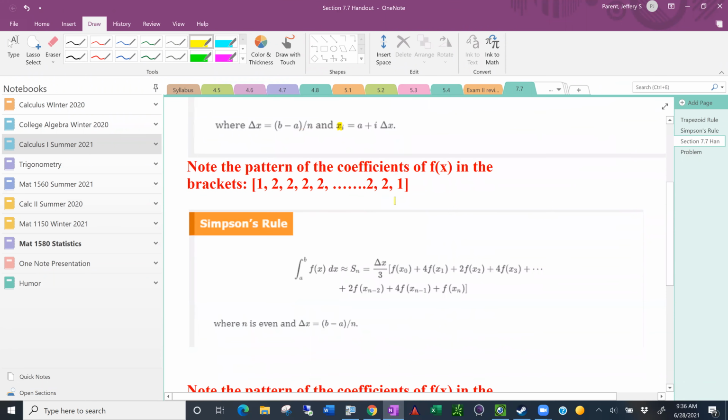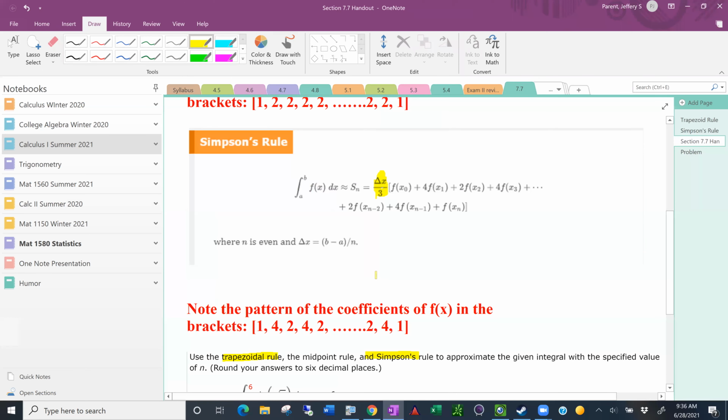Now for Simpson's rule, you've got a different term out in front. Basically, it's our delta x divided by 3. But take a look at what's in the parentheses. Notice you've got a different pattern here. The pattern in parentheses isn't quite the same as it was for the trapezoid rule. One thing that is the same is that our first and last term, like this one here and this one here, have a coefficient of 1.